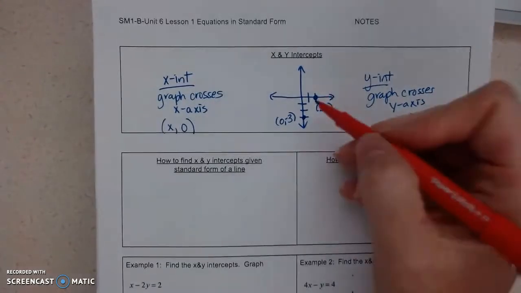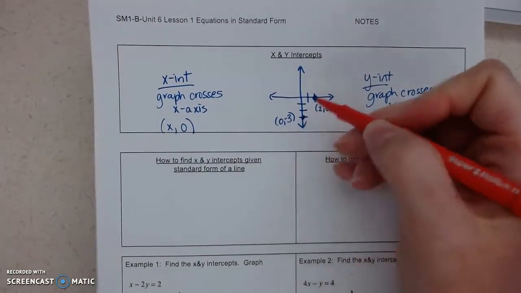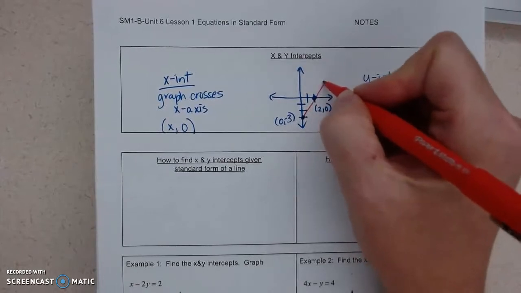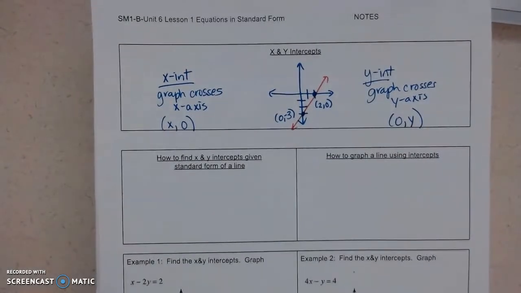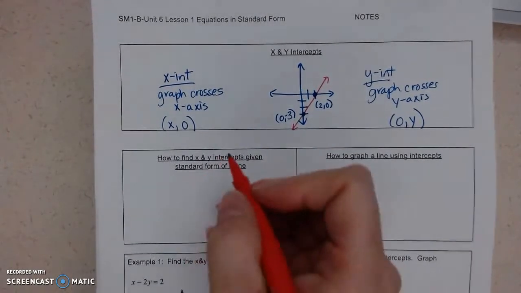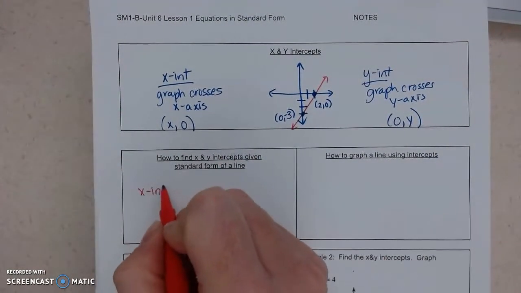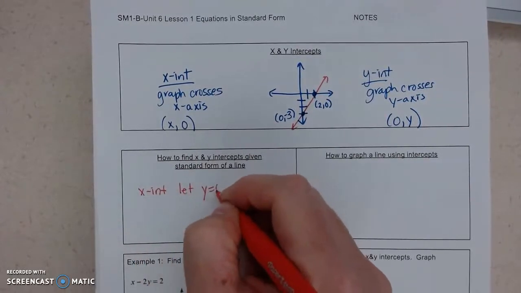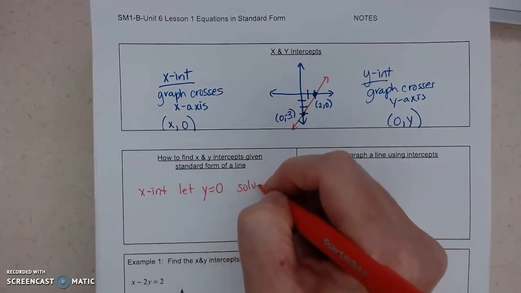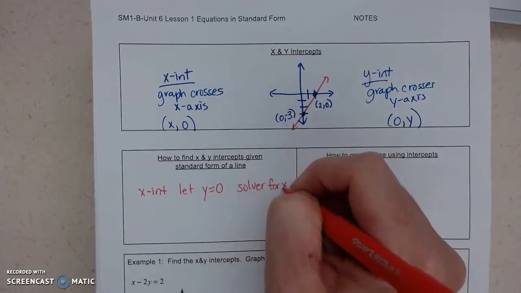Okay, you really only need 2 points to graph your line. So if you know your intercepts, then we can graph a line, and that's what this lesson is all about. So for the x-intercepts, we know the rule. We are going to let y equals 0, and then we'll solve for x.